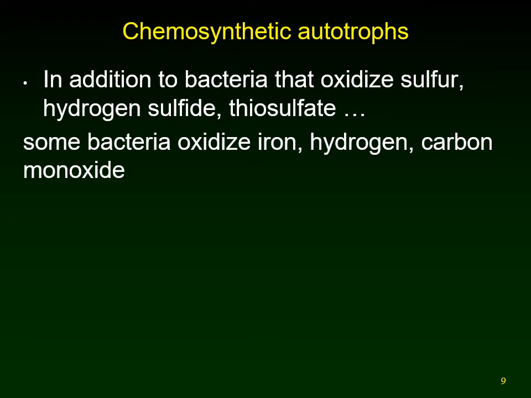And that makes it interesting when you are looking for life on other planets, because you don't necessarily need something that's based on photosynthesis, where you're a certain distance from a star. You could actually be quite more distant from the star and be using the energy from these compounds being released from the center of your planet or your moon, and you're using those to form the base of an ecosystem.